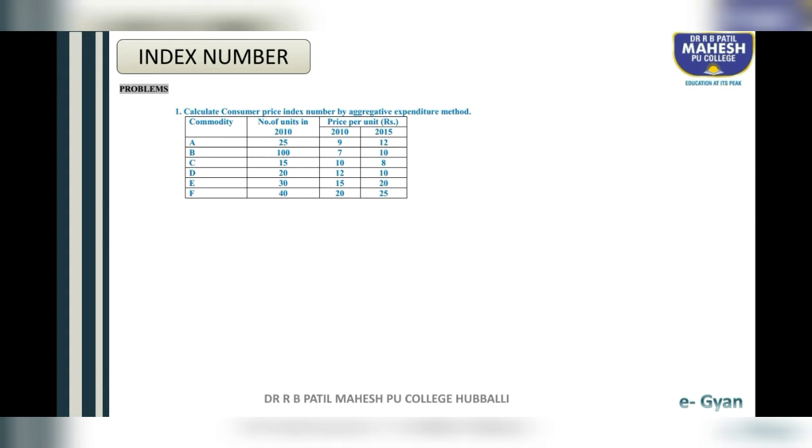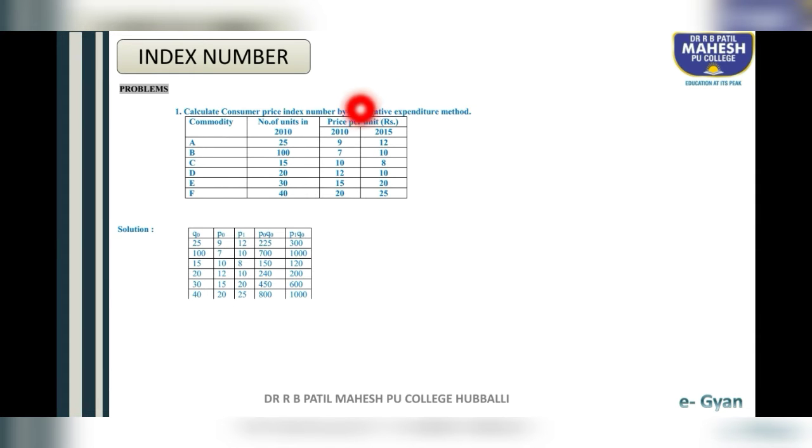First write the given things. Number of units in the sense these are the quantities. 2015 is current year and 2010 is base year. So number of units in 2010 means these are the base year quantities. Price of 2010 means base year price.